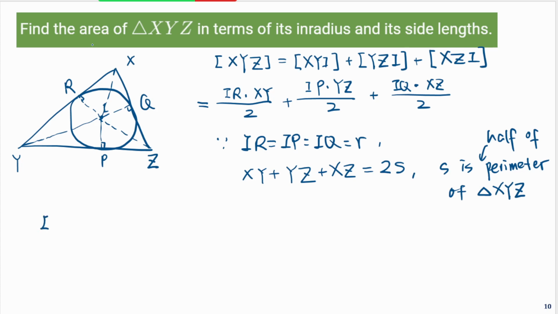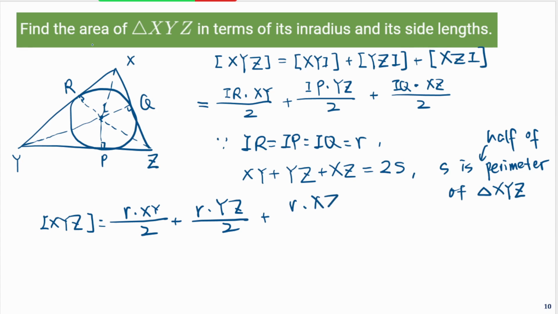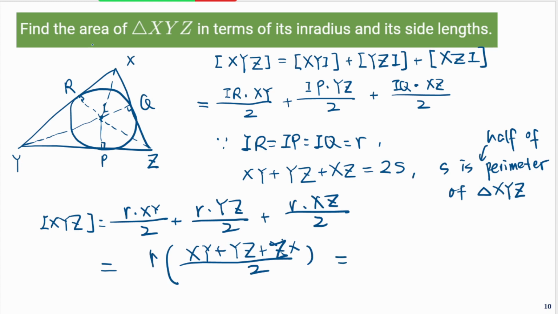Then we have the area of triangle XYZ equals r times xy over 2 plus r times yz over 2 plus r times xz over 2, and this can be simplified to r times (xy plus yz plus zx) over 2, which equals r times s, right?